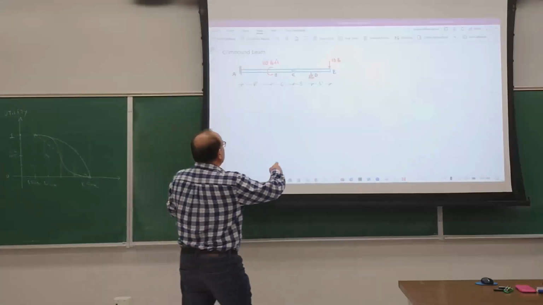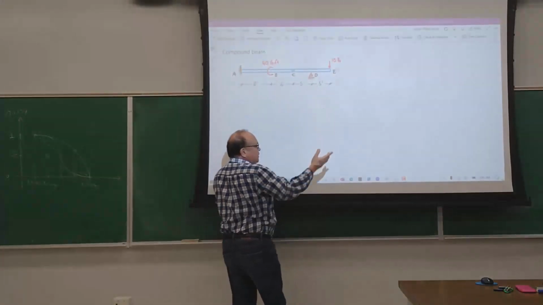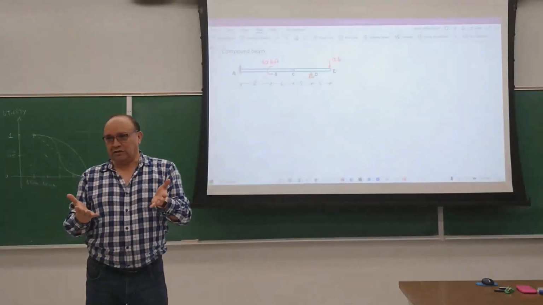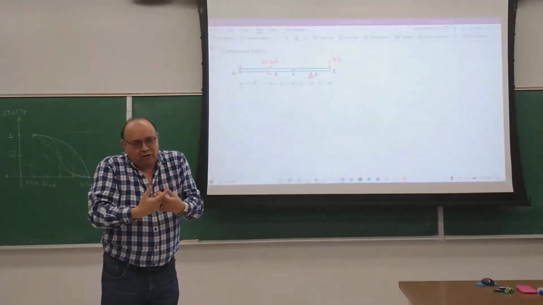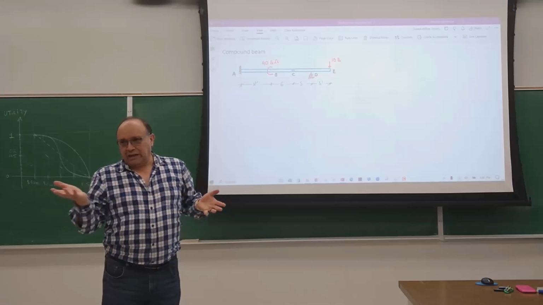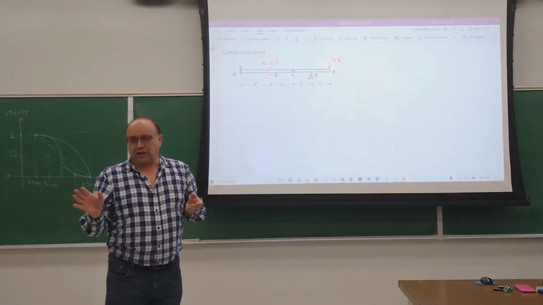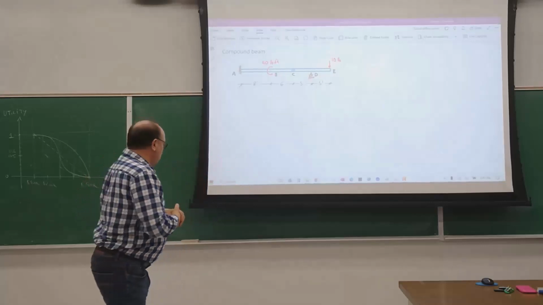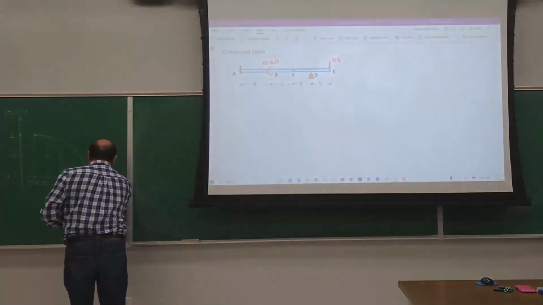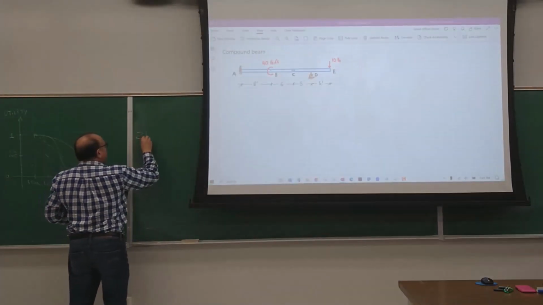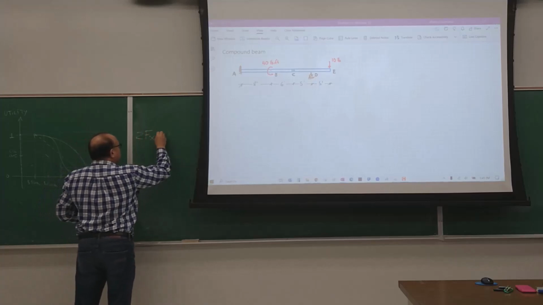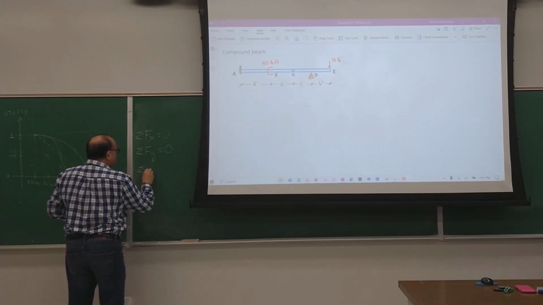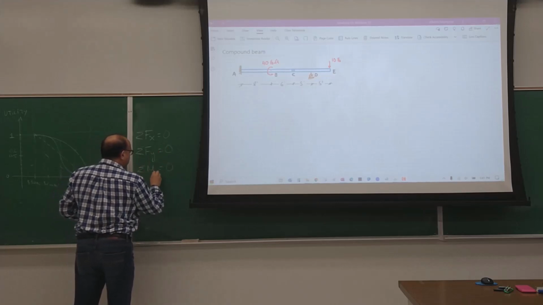So we cannot use the 3 equations for this because we don't have enough equations for the amount of unknowns that we have. If we say we don't have any force in the x direction, we have 1 less unknown, but then we have 1 less equation, because we have summation of forces in the x direction, summation of forces in the y direction, summation of moments equal to 0, right?